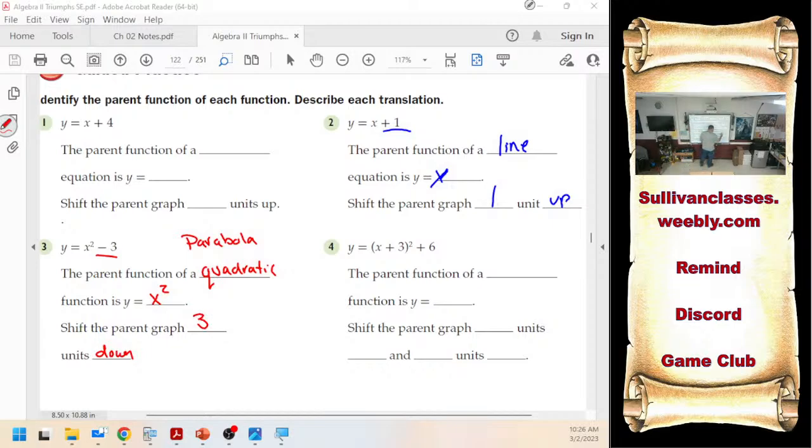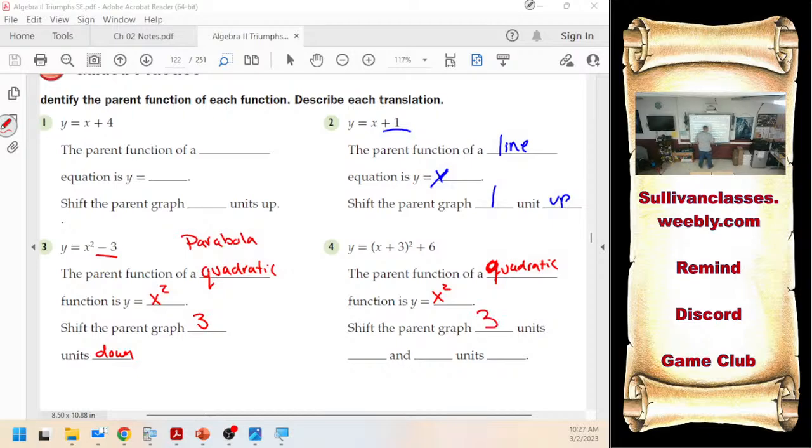It's a quadratic again. So the parent is x squared. And I got 2 transformations that happen to it. One of them, inside the grouping, I got a +3. So we go left 3 because it's bass-ackwards land grouped in with the parenthesis.